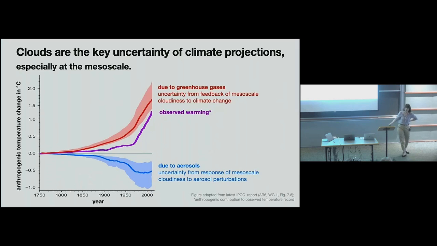And in both cases, you can really trace back that the largest uncertainties come from scales that we would classify as clouds on the mesoscale. For the greenhouse gas forcing, it's really the feedback of how mesoscale cloud properties respond to changes in the climatic conditions. And for the aerosol forcing, it's how cloud fields respond on meso timescales, on scales of hours, to aerosol particles.